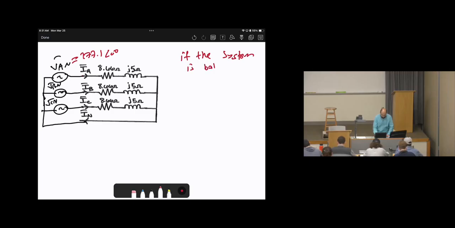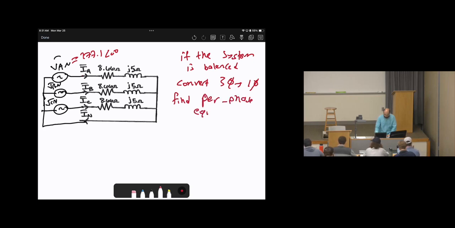If the system is balanced, what we can do is convert three-phase to single-phase by finding the per-phase equivalent circuit.